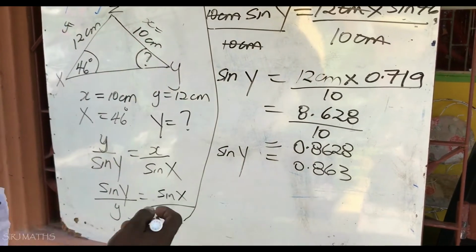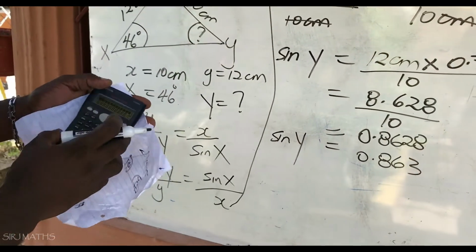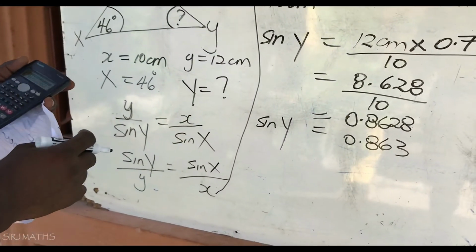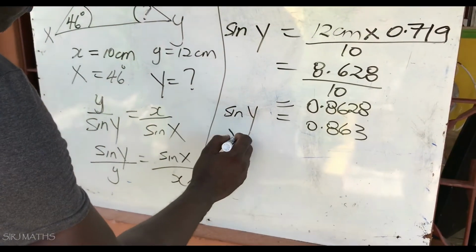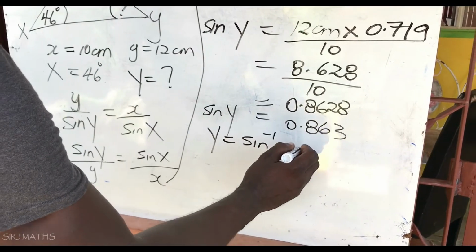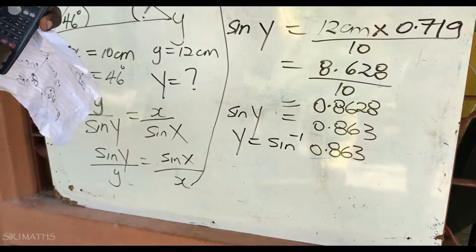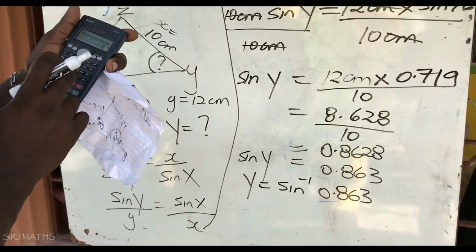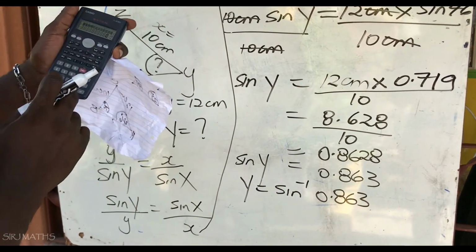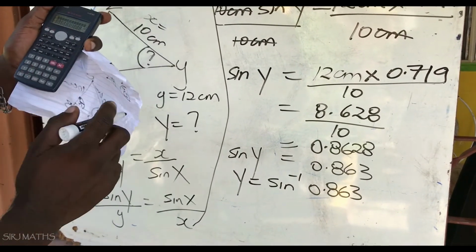So to access the angle, we'll have to press the inverse function of sine. So then y equals sine inverse of 0.863.